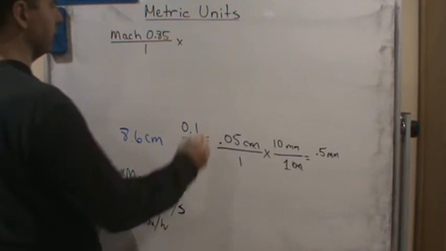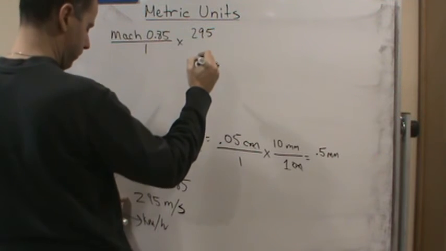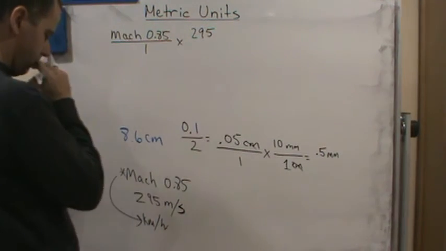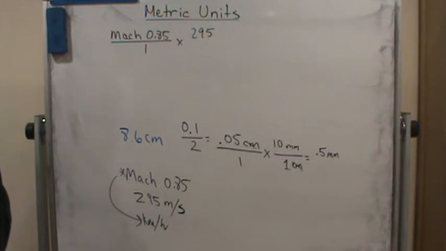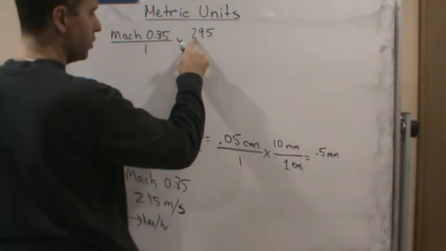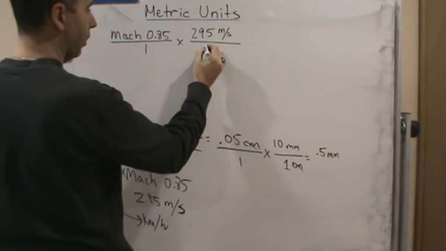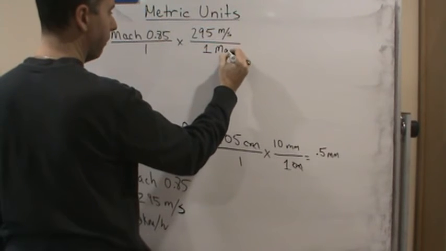Okay, so that means 295 meters per second over 1 Mach, right?